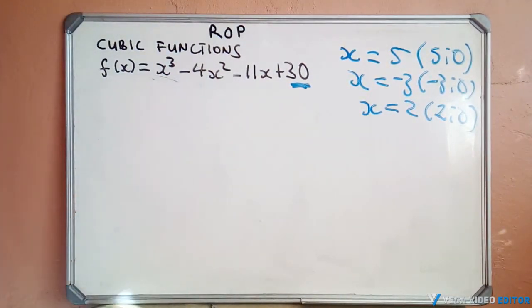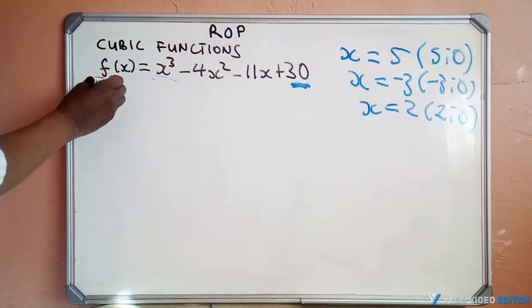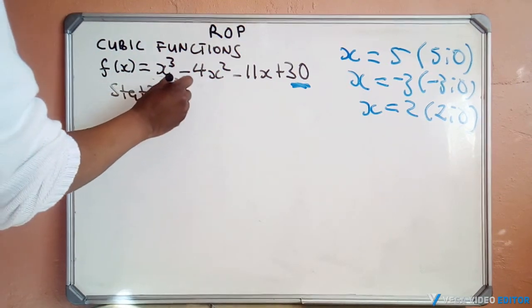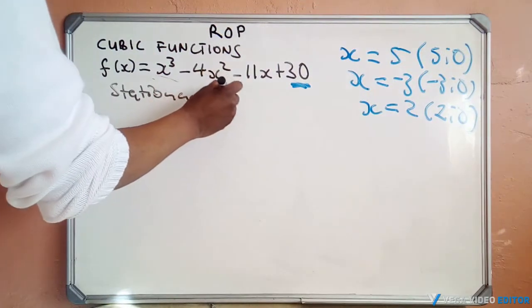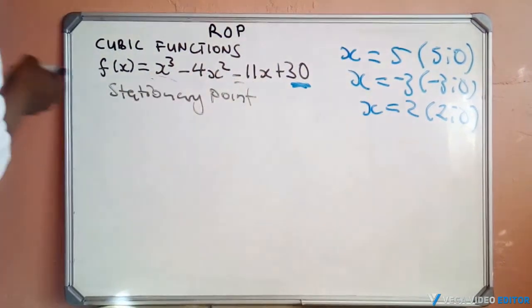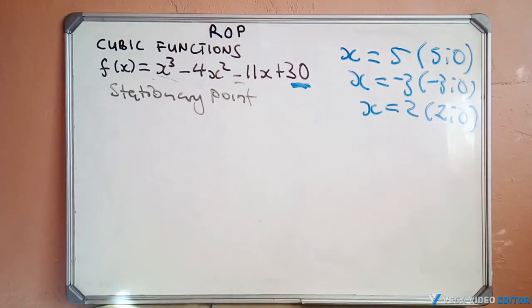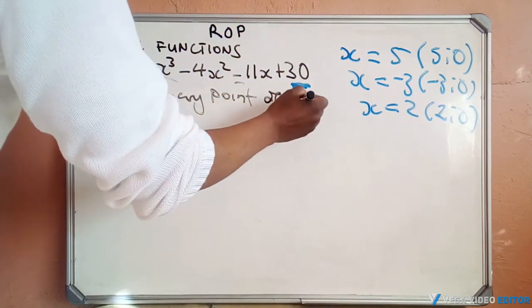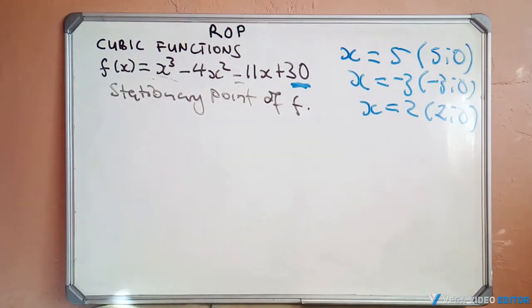Now, for us to find the turning points, which is usually called the stationary point of f, we are definitely calculating what is known as the stationary point of f. That is what we want now.